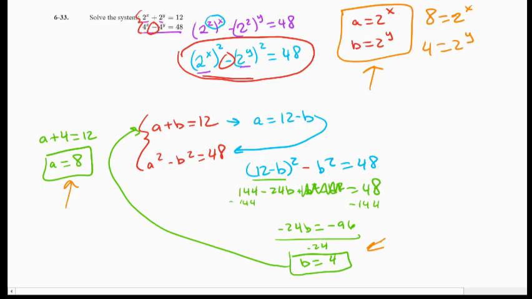So now I need to solve these two, which I know 2 to the power of 3 is 8, and 2 to the power of 2 is 4. So solve my final system, x equals 3 and y equals 2. And I could double check that by plugging them back into here. And we should see that that would give us the same values in both of those. So x equals 3 and y equals 2.